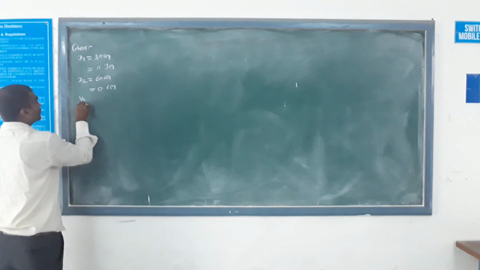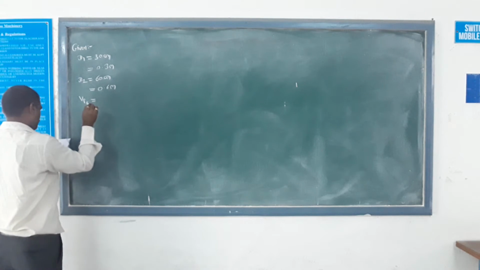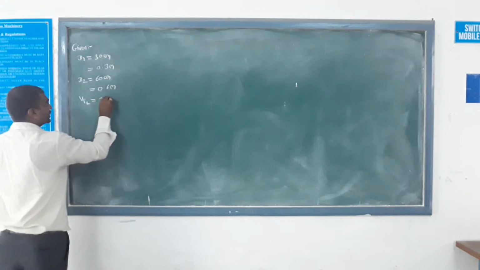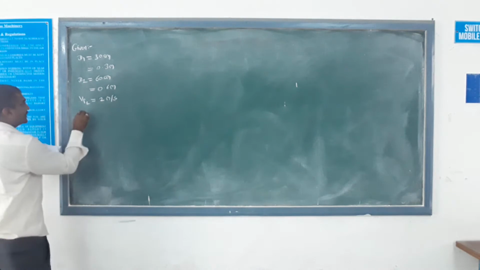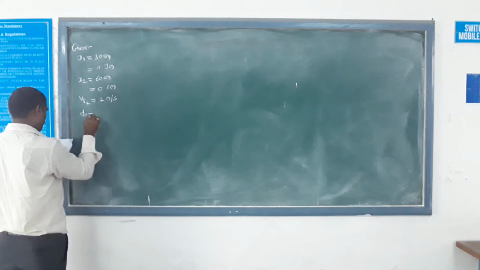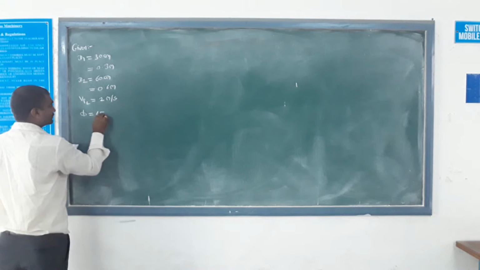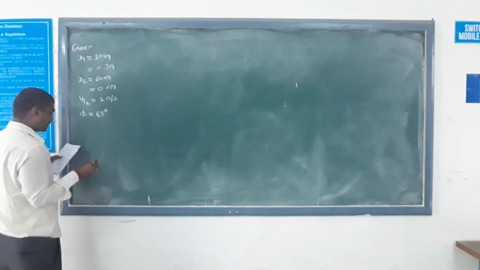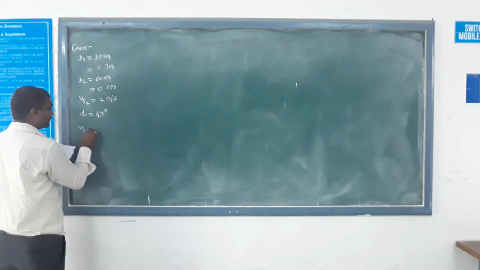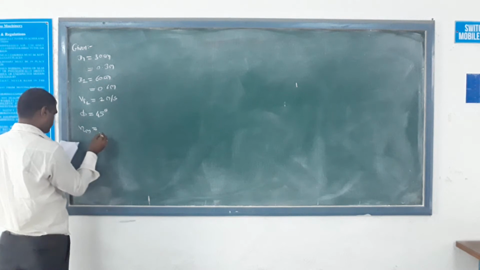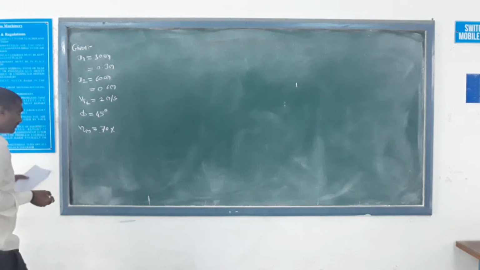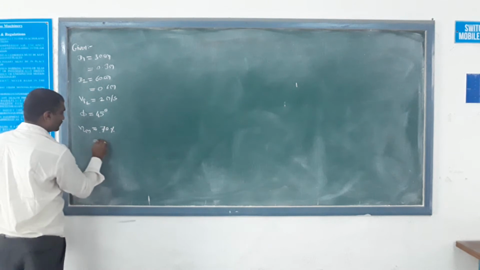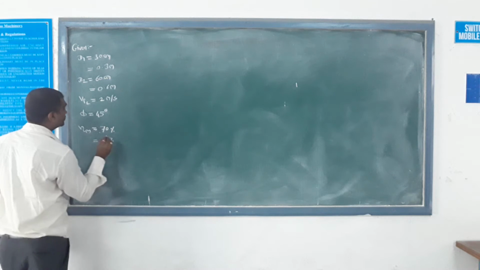The velocity of flow is 2 meter per second, the angle is 45 degrees, and the manometric efficiency is 70%, equal to 0.7.